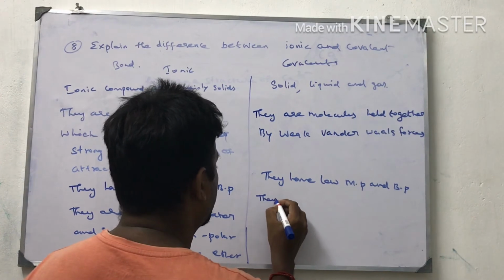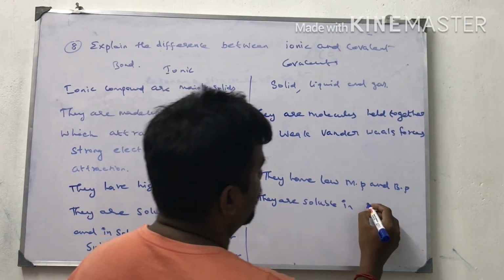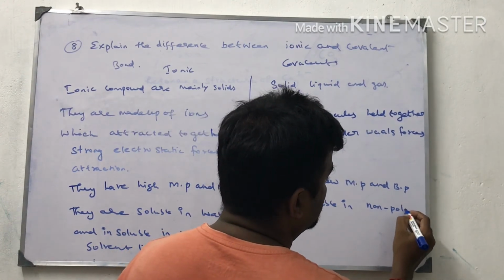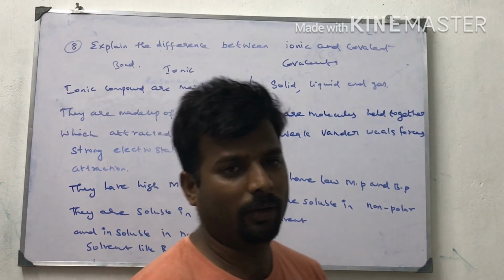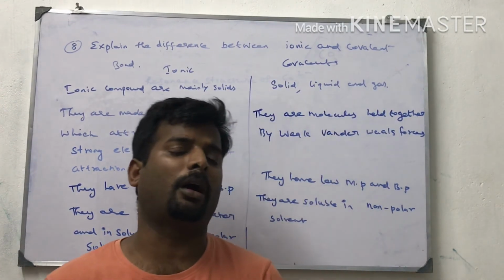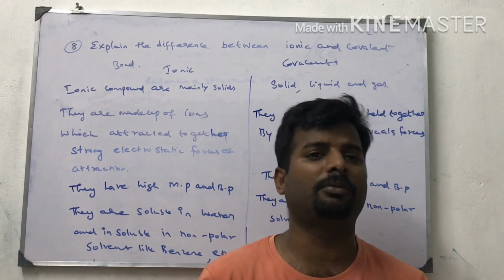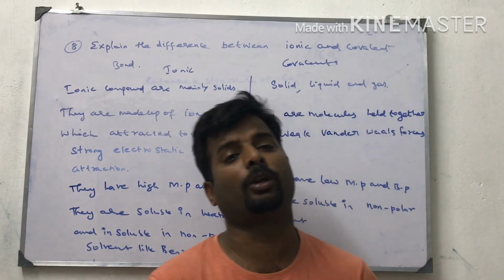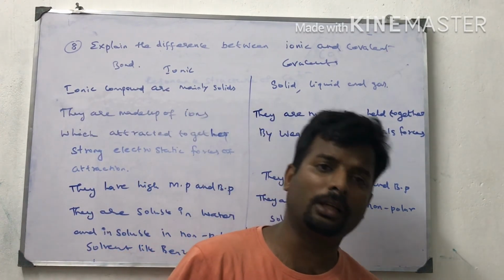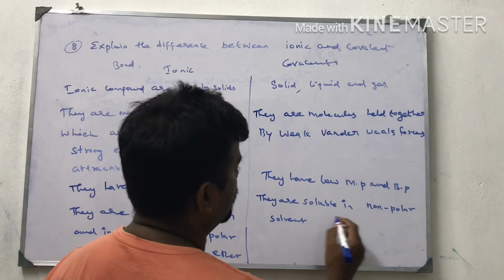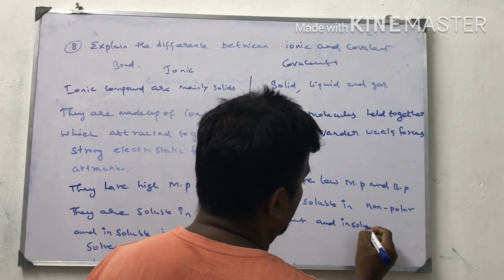Covalent compounds are soluble in non-polar solvents like benzene, because they are purely made up of organic compounds, carbon compounds. So they themselves are non-polar in nature. They will not donate electrons. They will share their electrons. So they dissolve only in organic solvents. They are soluble in non-polar solvents and insoluble in water.